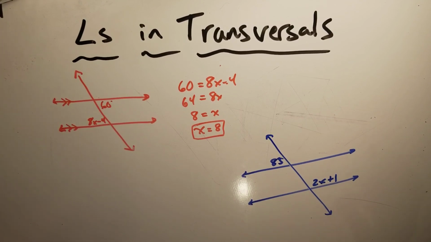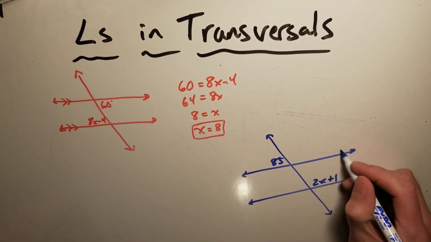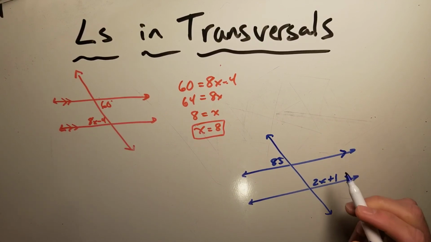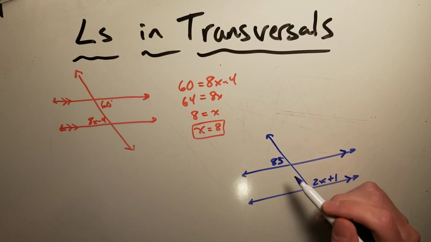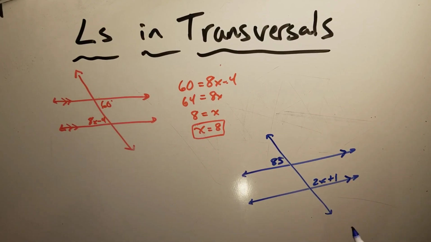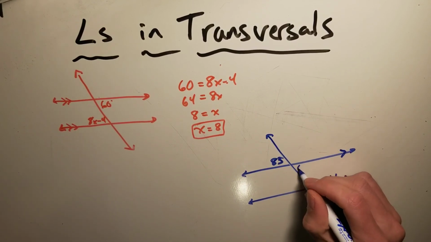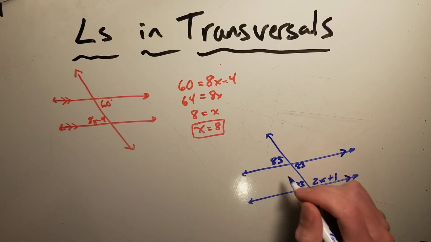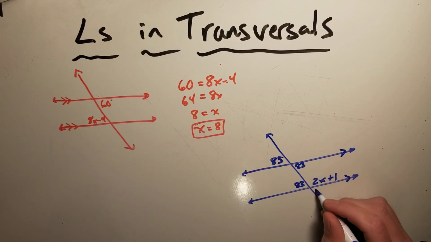But we can use certain relationships that we do know, because these lines are parallel. So if this angle is 83 here, well then we know this angle is 83. We also know through corresponding angles this is 83, and we know that through alternate exterior this is 83.